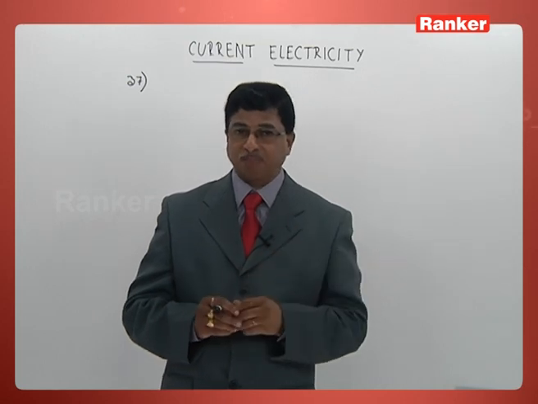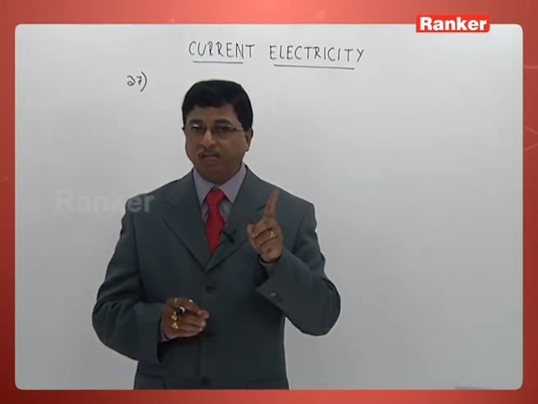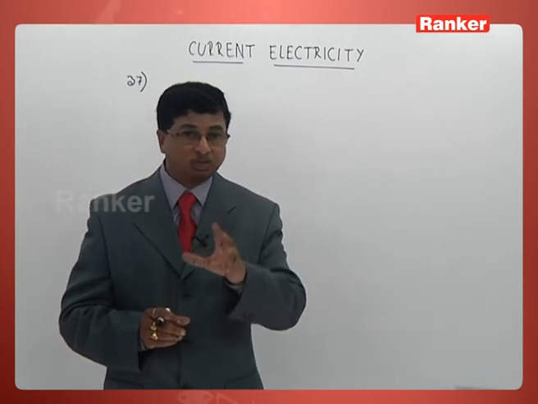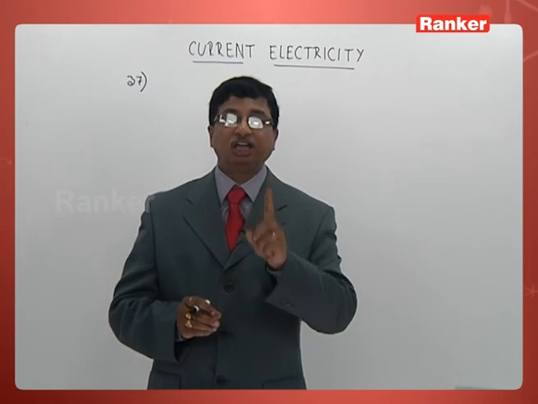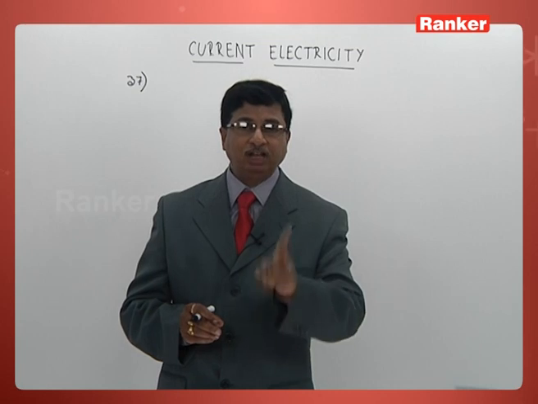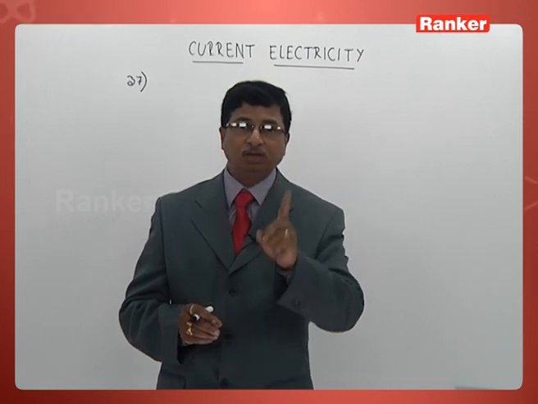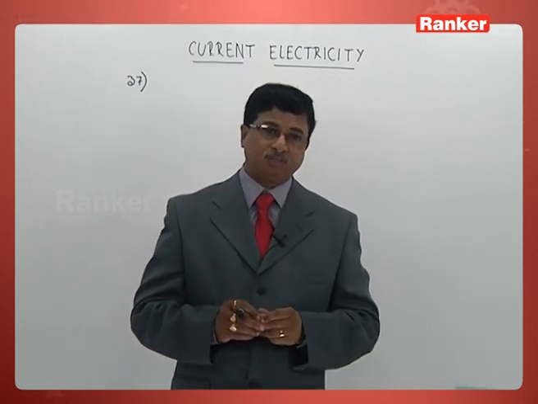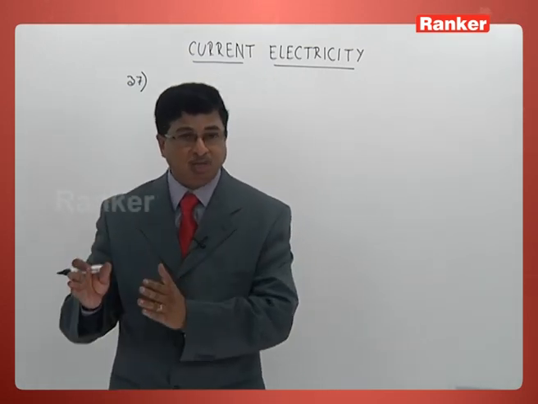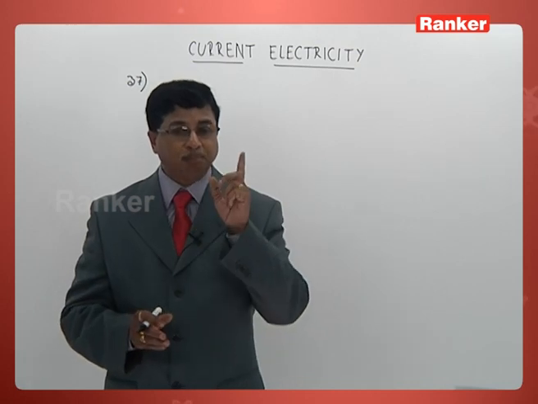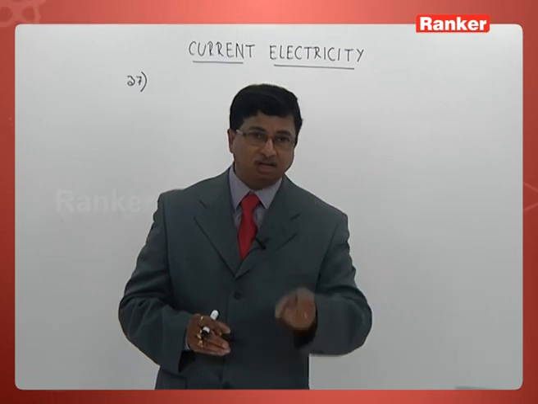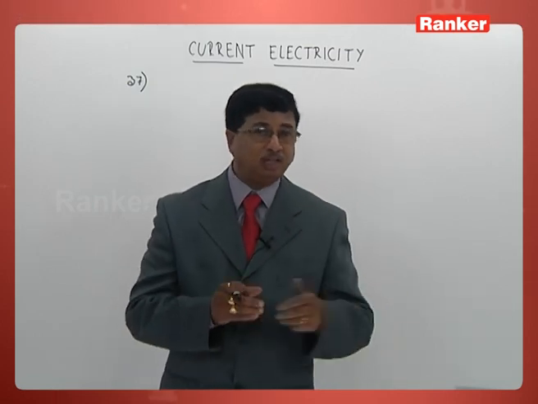Whatever time they take together to boil this water must be less than both the values of the individual coils. The first coil takes 10 minutes, the second takes 15 minutes. When both are connected in parallel, our answer is supposed to be less than 10 and 15, that means less than 10 only.